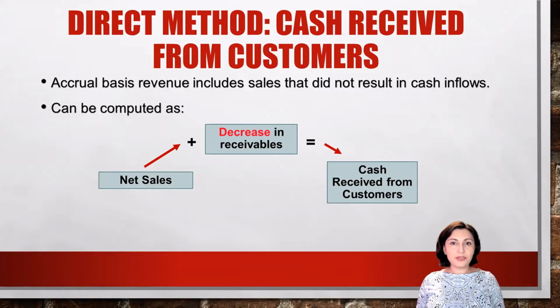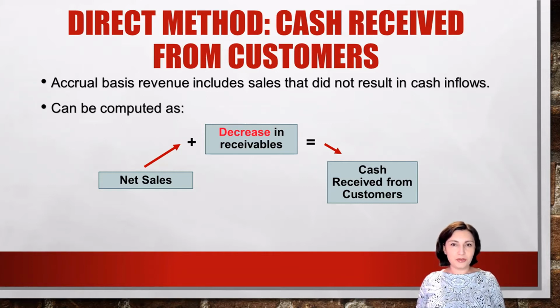Let's look at the direct method first. The direct method takes accrual basis revenue and adjusts it for changes in accounts receivable to arrive at cash received from customers. If accounts receivable decreases during the year, the decrease is added to the accrual basis revenue.